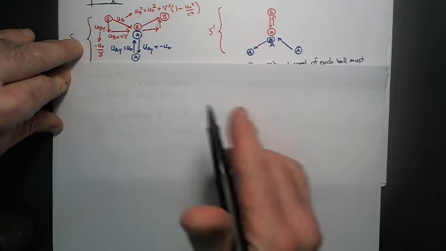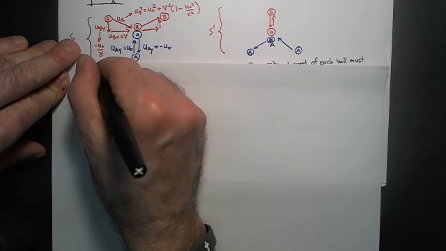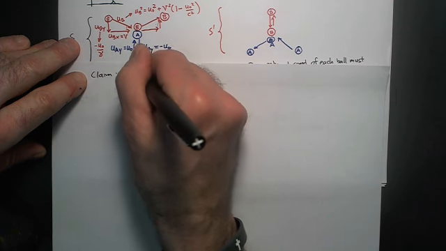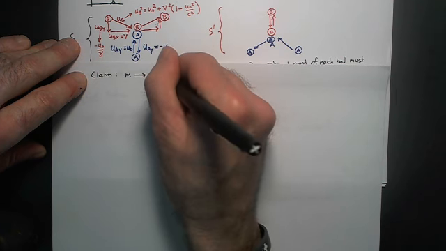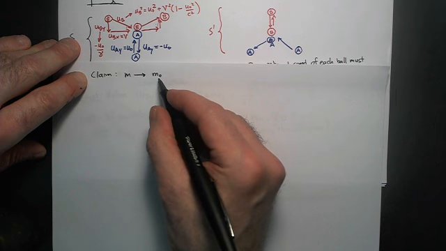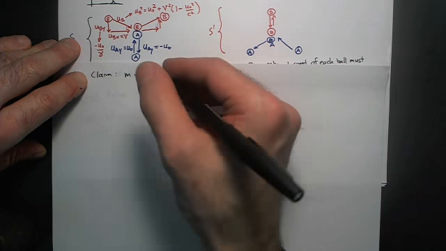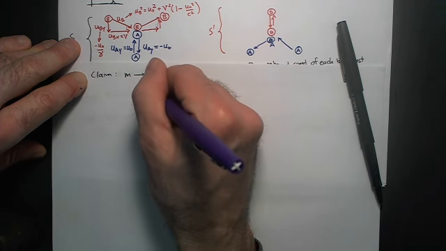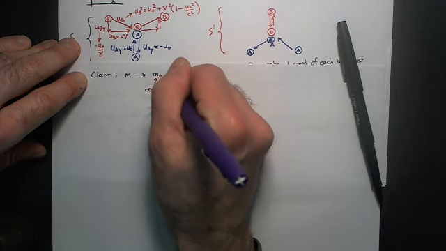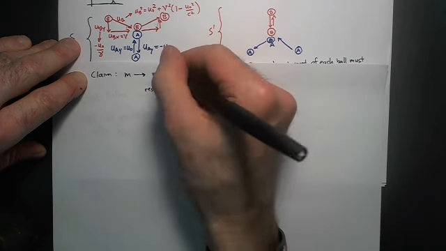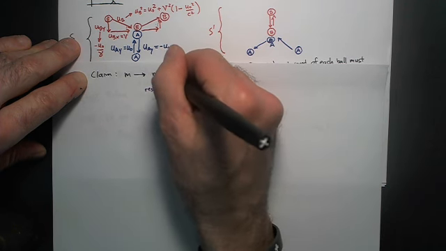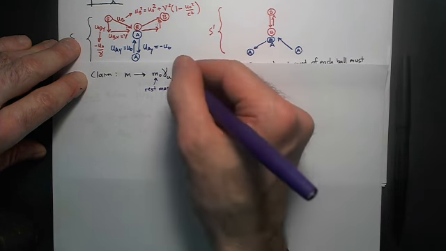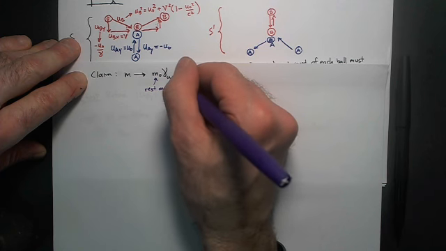So my claim is that the particular way in which the mass needs to depend on velocity is that instead of just the mass that we measure when the object is at rest, we're going to take that so-called rest mass, again the mass measured when the object is at rest, and multiply it by gamma sub u, where gamma sub u is just like our normal gamma, but we replace the v with the u.